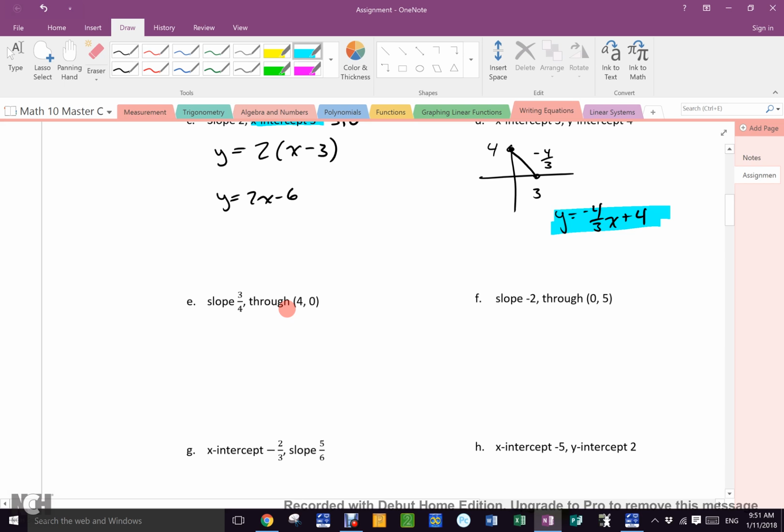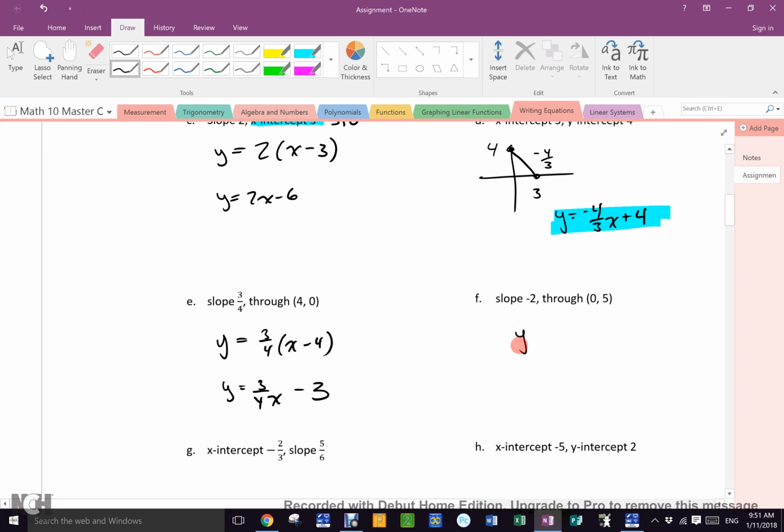Point slope form, this is the exact same as C. So it's y equals 3/4 x minus 4, or y equals 3/4 x minus 3.